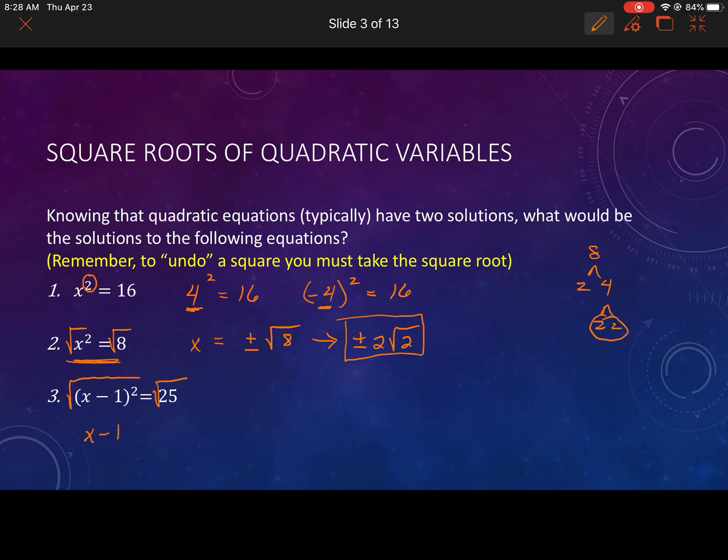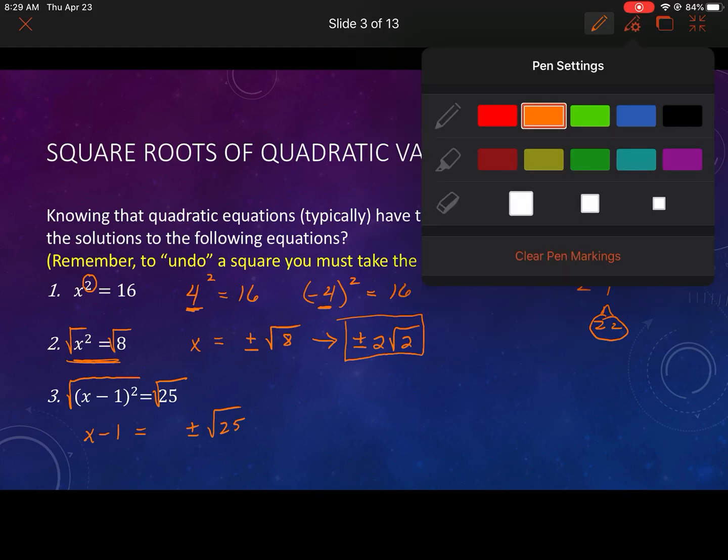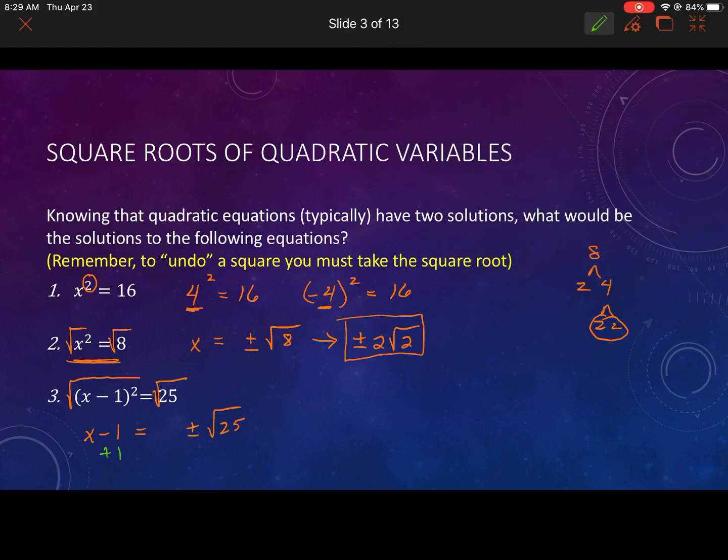The same thing happens on the right, except now I have to account for the fact that it's plus or minus the square root of 25. Now remember, our goal is to get x by itself. So I have to add 1 to both sides to get x by itself.